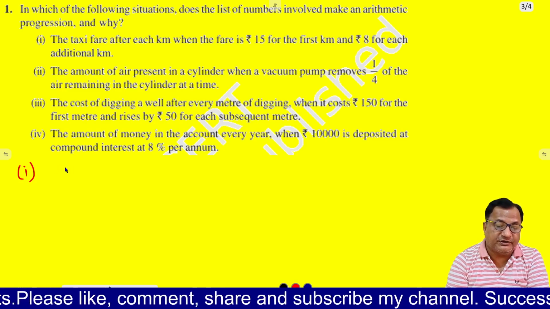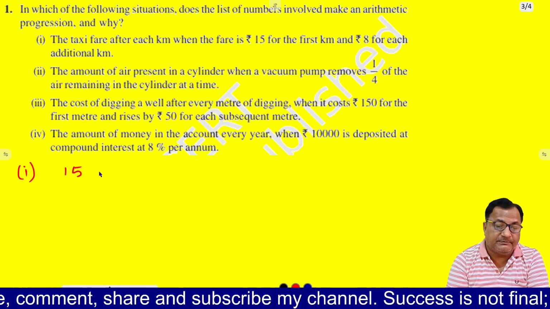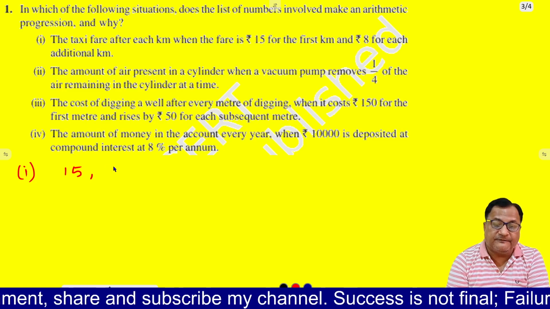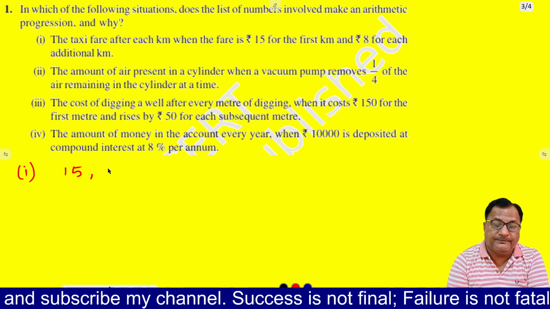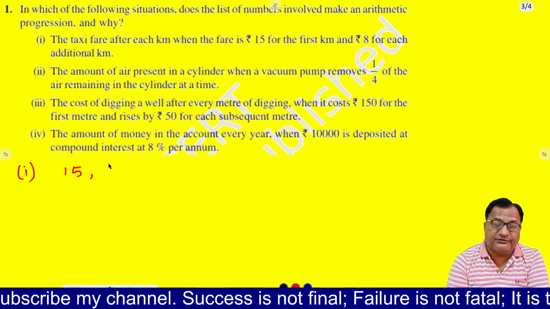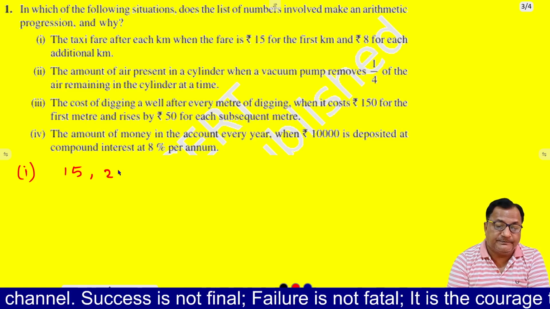So for the first kilometer, the fare will be 15. Then if he travels 2 kilometers, it will be 15 plus 8, which means 23.